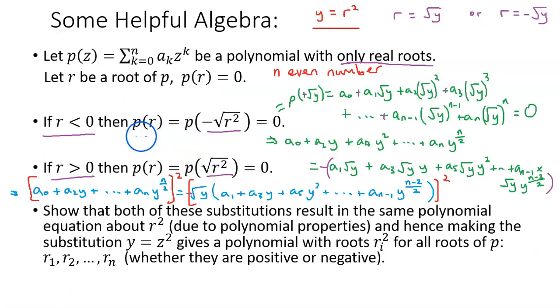And that's all we were really dealing with over here, just ignoring the idea of r being a real number for now. Just consider this thing as x. Then we have two cases. We have negative x or we have x. And we know that x squared is equal to y, which is the substitution that we are making here.